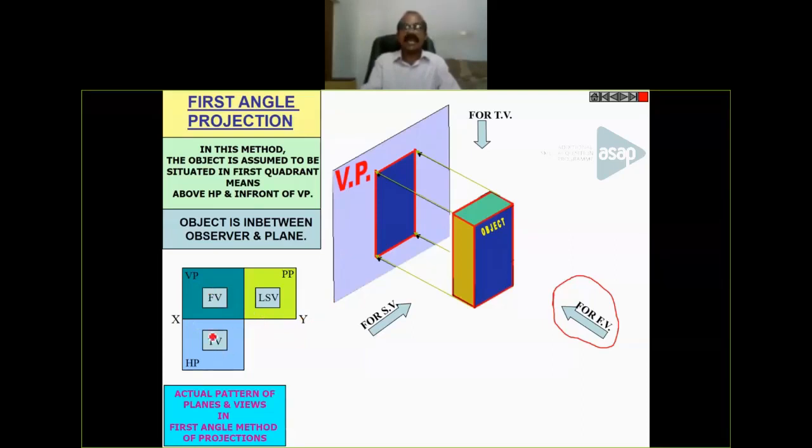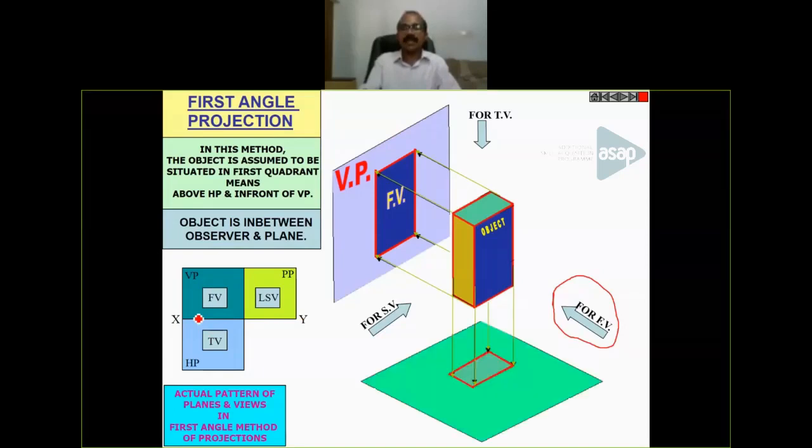And the left side view also we can draw. Looking from the top, the arrow will indicate the direction of the plan, so that you can see it in the horizontal plane. Here the green surface is the horizontal plane, and the other arrow, for the side view, you can see the side view direction.